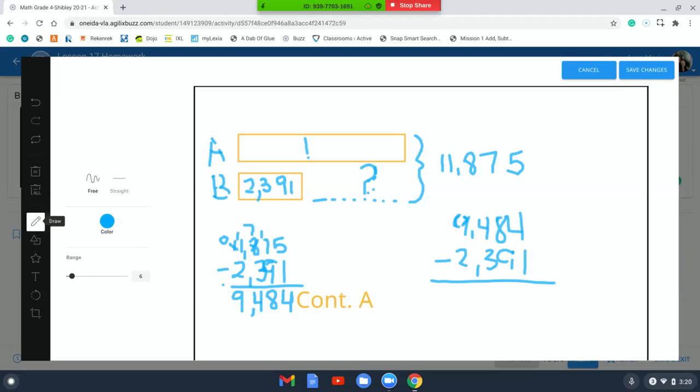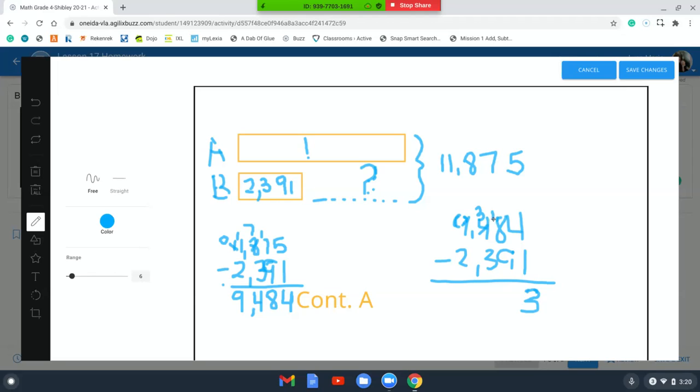Okay, I can take 1 away from 4. I know that is 3. I cannot take 9 away from 8, so I need to borrow. So I'm going to go over to the hundreds place and I'm going to borrow. My 4 is now a 3. Okay, my 8 is now 18.